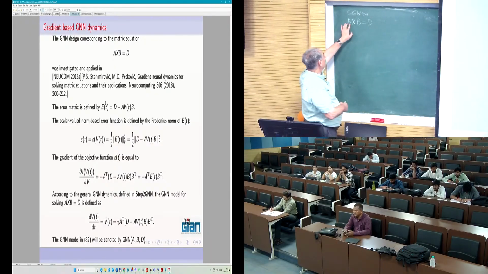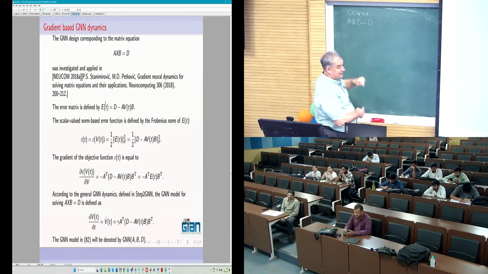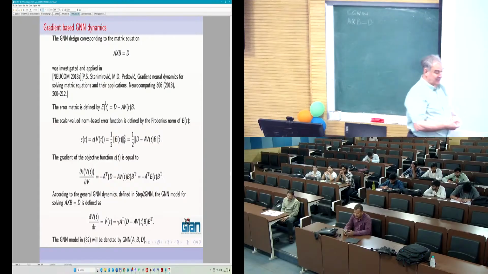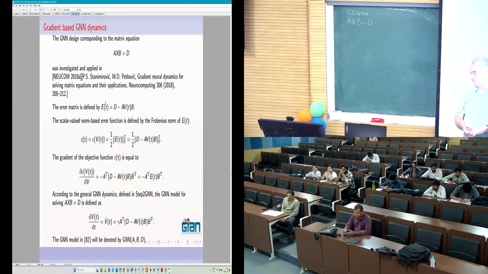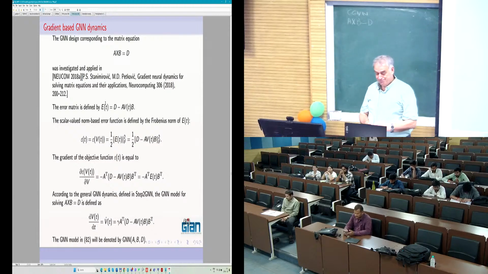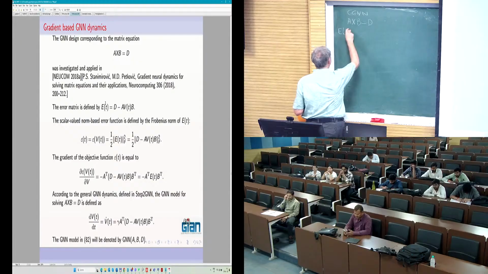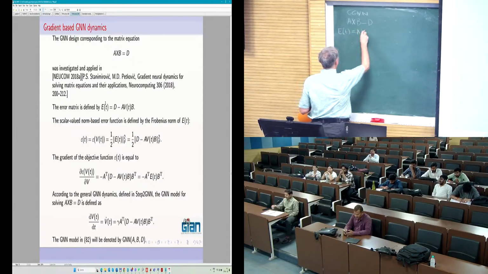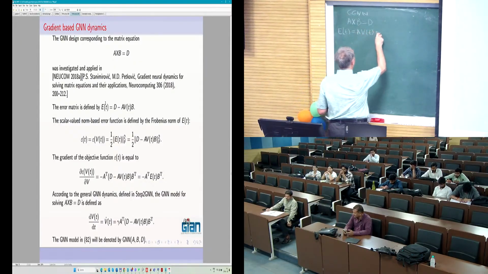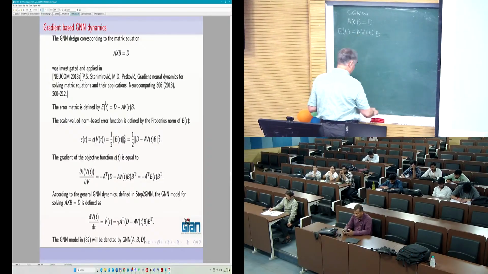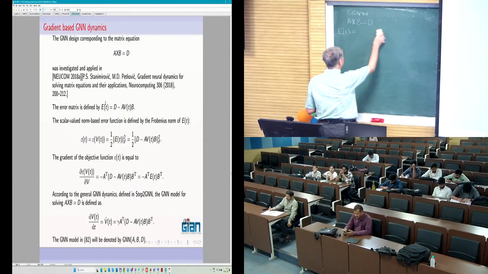If we want to compute the Moore-Penrose inverse, instead of A we will consider A transpose or A transpose A. B will be the identity matrix. D will be A transpose. The error matrix in this case is A V(t) B minus D, or D minus A V(t) B. I think here it is D minus.